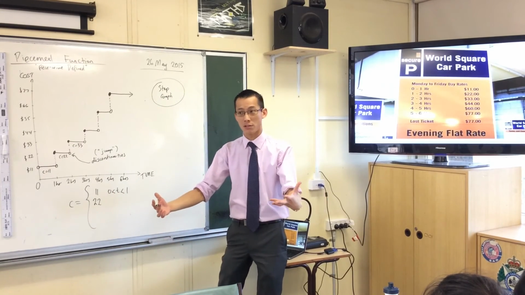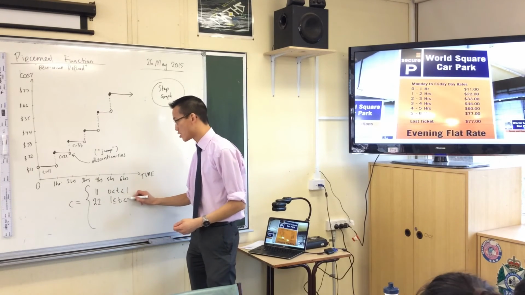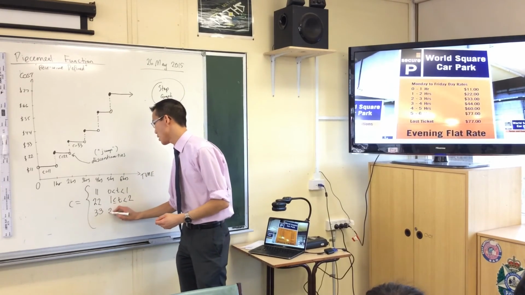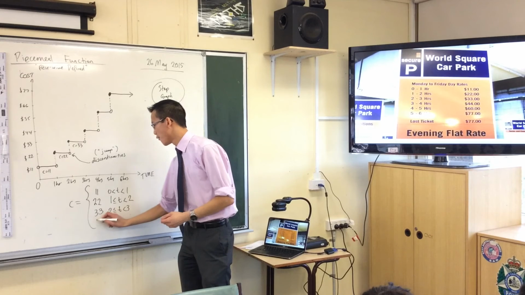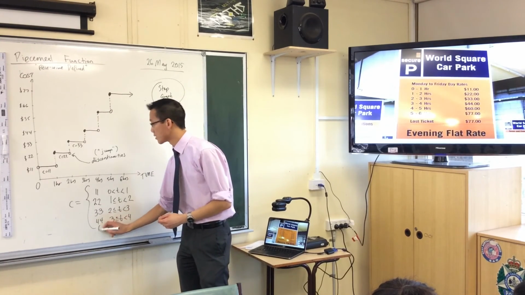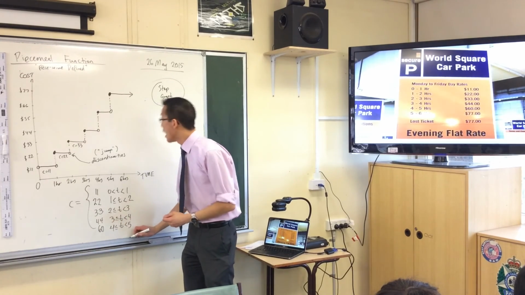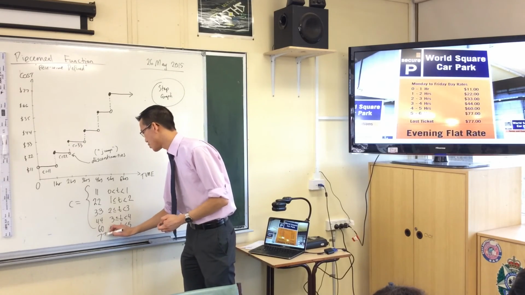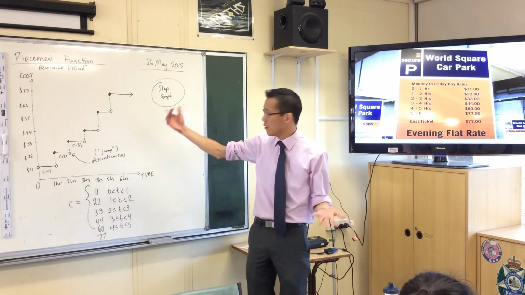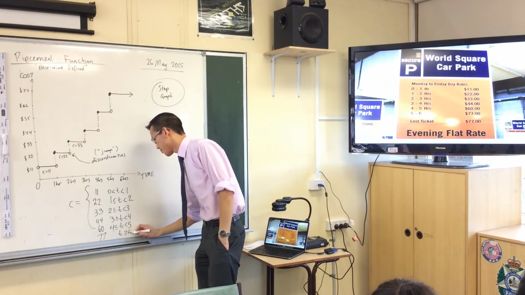Then I change into 22. When do I change into 22? At 1, and I include that, and then T, and then I don't include 2. And I can keep going: 33, 44, I'm so close, I might as well finish, 60, and then 77 for, on my graph at least, T greater than or equal to 5.